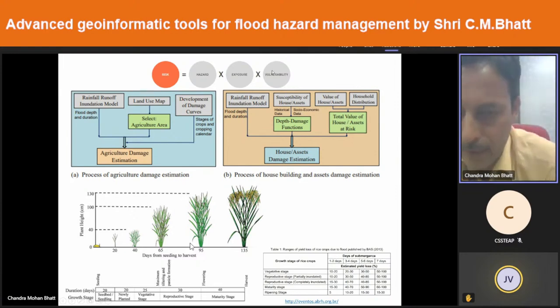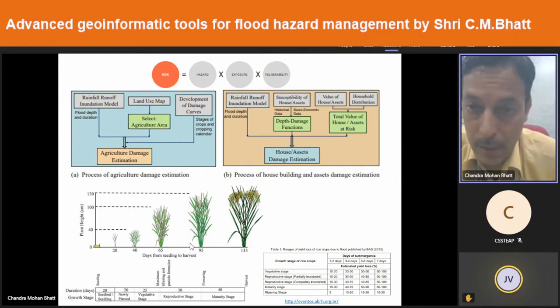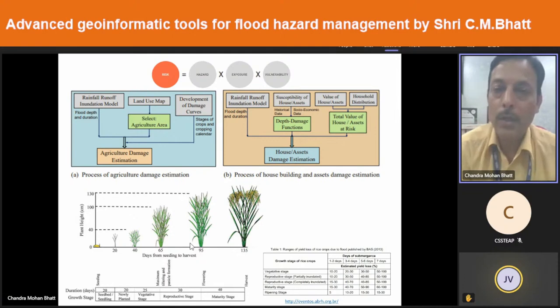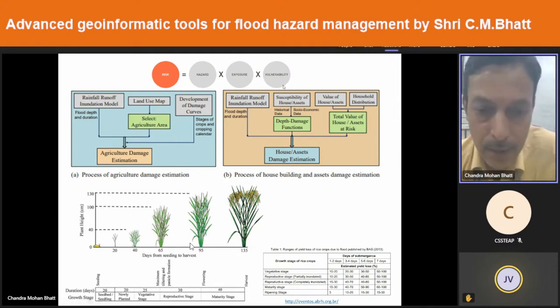In case of population: how old is the population, whether the population is literate, or economically sound, whether it is more young people or old people, disabled people, or the condition of the building or the financial condition. If it comes to crop, then what kind of crop it is, what is the stage of the crop, how long the crop is inundated. All those factors will decide that. And once we have all this information, we can integrate them and compute the risk.